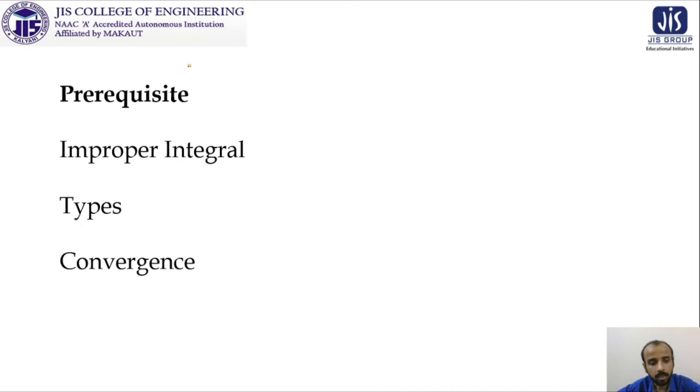And finally, we need the idea of the basic properties of beta function, which were discussed in the last class in this particular segment, because we are going to apply those properties in this class for solving the problems related to beta function.